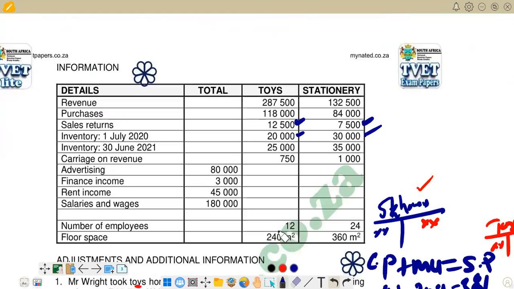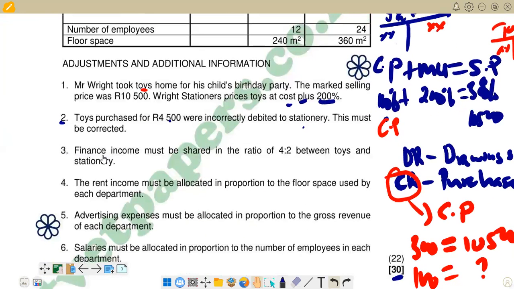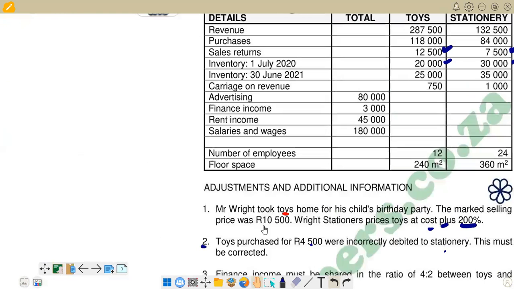And we also have to take note that we've got two departments there. So we need to know how to apportion if we are given one figure. Like here, we are given a finance income of 33,000. So what does it mean? It means we need to apportion it between toys and stationery. So the apportionment criteria that we are going to use, we see it on the additional information. So we check there on item 3, it's telling us that finance income must be shared in the ratio of 4:2 between toys and stationery.